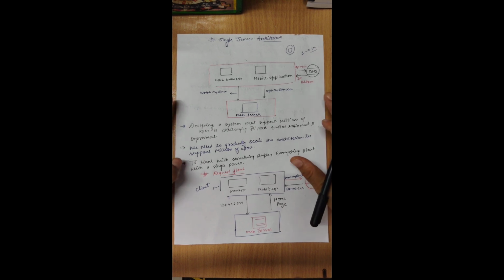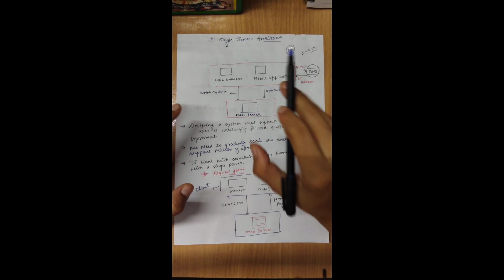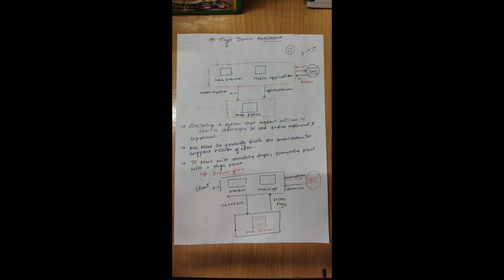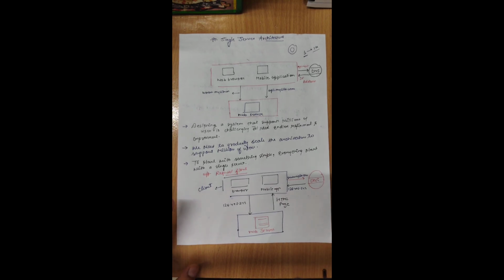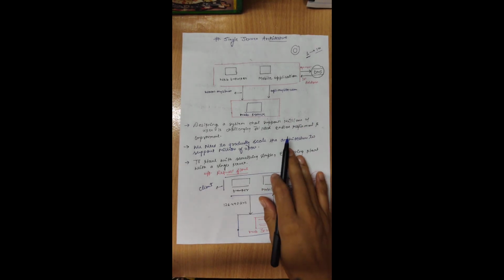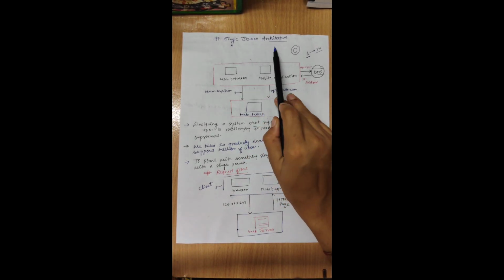Now the very first concept is single server architecture. In this we are going to discuss how we can create an architecture or a setup that supports only one user, okay? Because everything starts from a single server only, right? So this is the very core concept. Now let's start. The very first topic is single server architecture.